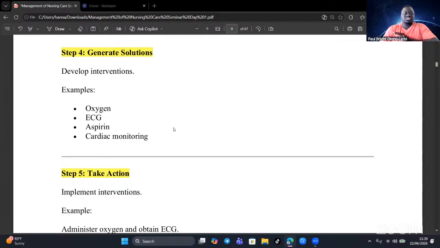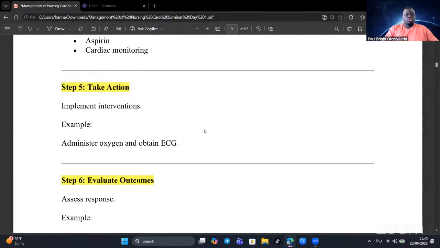Okay, I'll give oxygen. I'll give aspirin. I'll do cardiac monitoring. And I'll do 12-lead EKGs to know what is going on. So after drawing the plan, then you implement. That's where we have independent, dependent, and collaborative interventions.